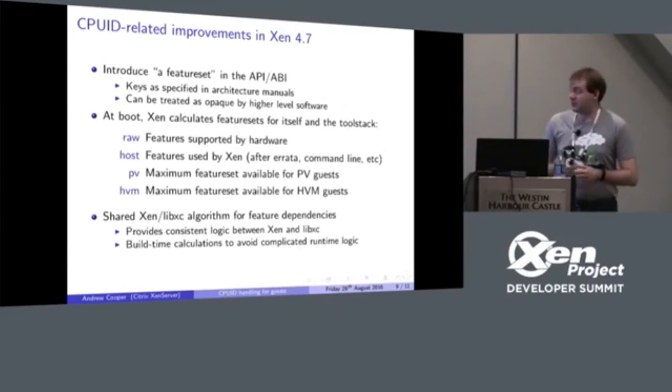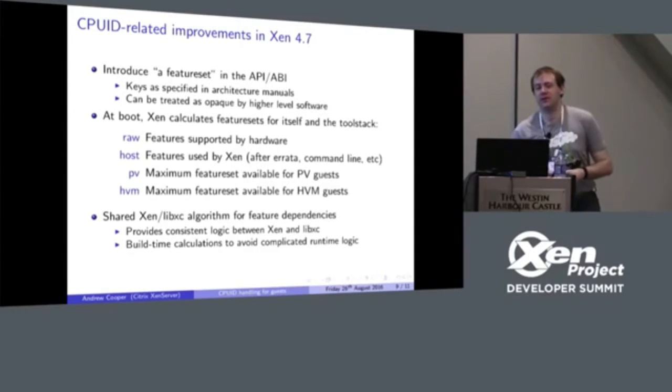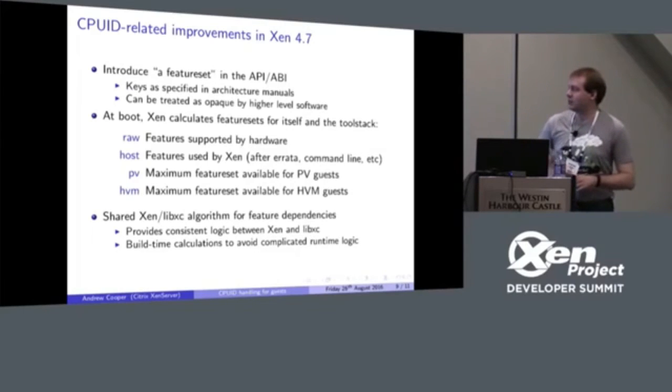One of the bits I didn't talk about is that during all of this calculation, Xen will unilaterally mask out any feature it does not know about, which is an improvement over the previous state where some things were whitelisted, some things were blacklisted, some things were passed through from hardware.